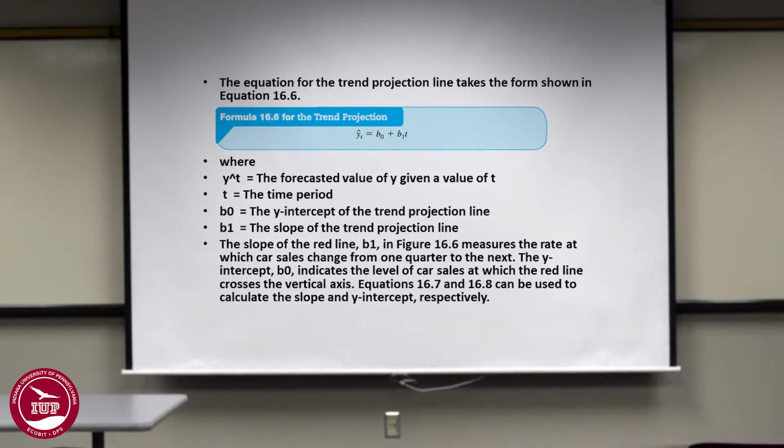The slope of the red line, b1, in figure 16.6 measures the rate at which car sales change from one quarter to the next. The y-intercept, b0, indicates the level of car sales at which the red line crosses the vertical axis. Equations 16.7 and 16.8 can be used to calculate the slope and y-intercept respectively.